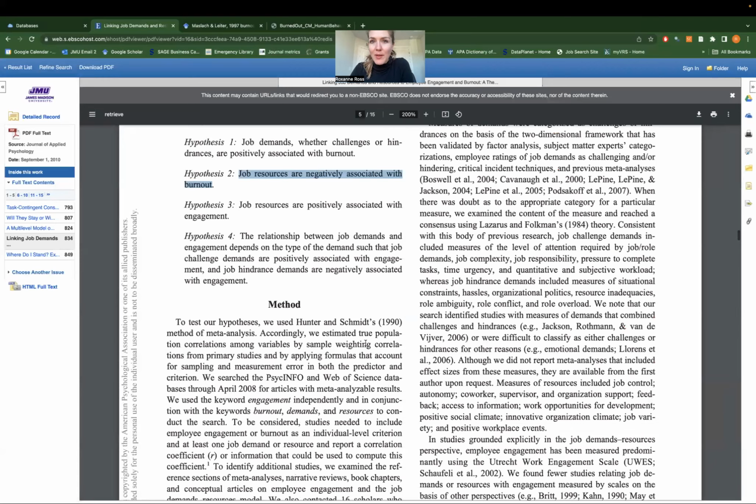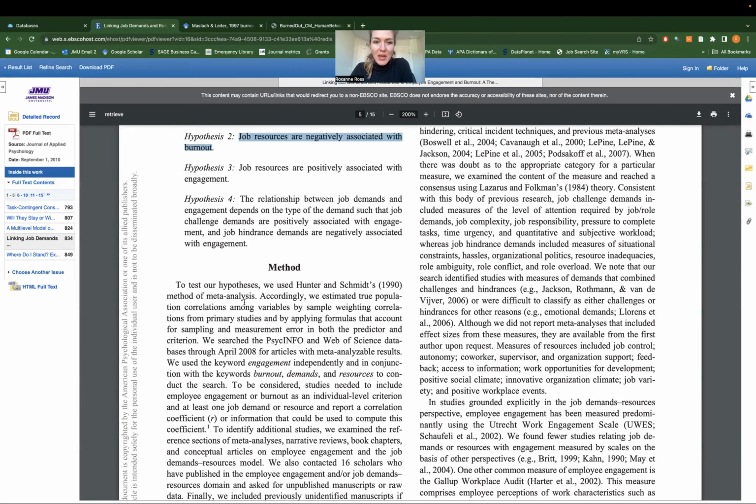We already know that this is a meta-analysis, but if you weren't sure what kind of study you were looking at, there should be a description of it in the methods section. And you see here in the first sentence of the methods section that they talk about the fact that they did a meta-analysis. I don't want you to worry that much about the methods section, other than just identifying what kind of study it is.